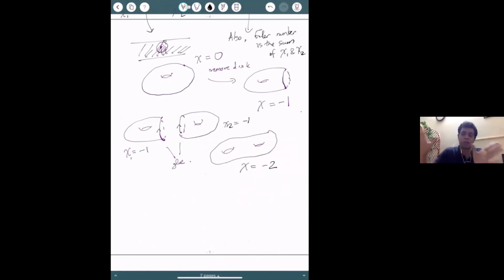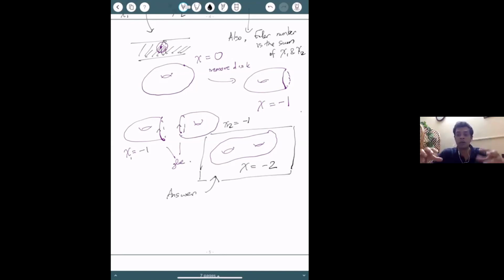This is something slightly more tricky, but you can check that this is an orientable surface. So the answer to the question of what is a closed orientable surface with Euler characteristic -2 is this guy. This is a surface of genus 2. It's a torus with 2 holes, right?